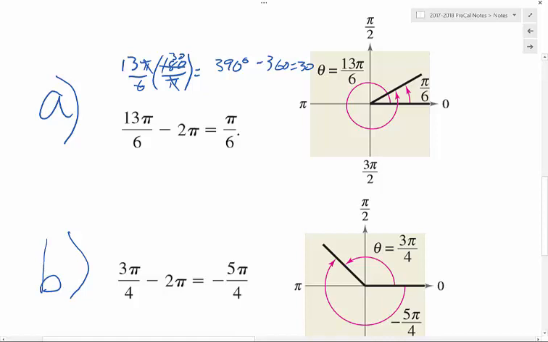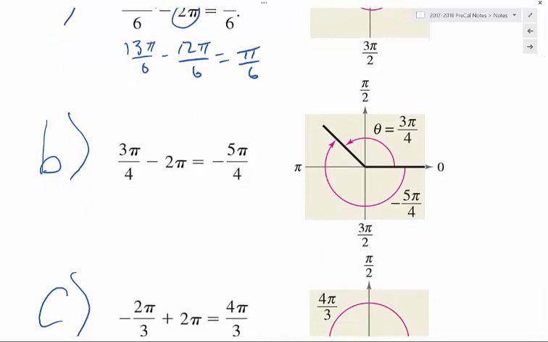In the same way, if I do it in radians, I have 13 pi over 6 minus 2 pi equals pi over 6. I would want to put this in a common fraction with that one. So 13 pi over 6 minus 12 pi over 6. And that's what gives me my pi over 6. So the coterminal angle for 13 pi over 6 is pi over 6.